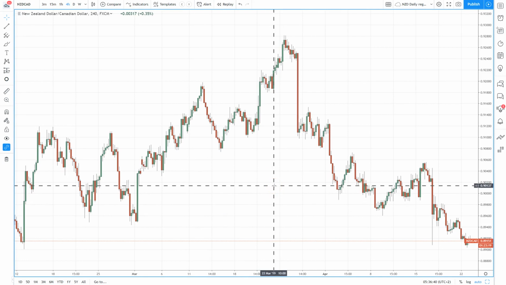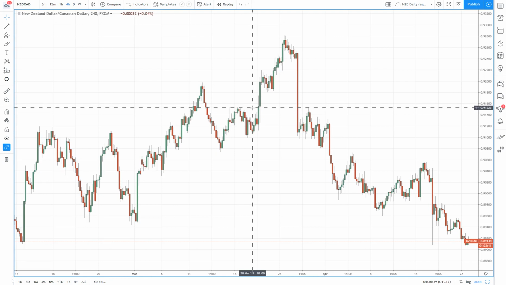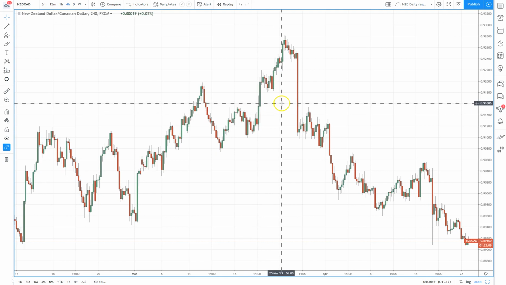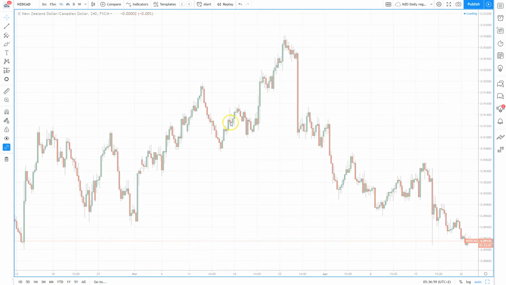25th of March. So we would be looking for buys here because Canadian dollar is very weak and New Zealand is neutral, but on the strong side of neutral. And the date we had was 25th. I don't think there's anything on this time frame. Maybe it's 60-15.